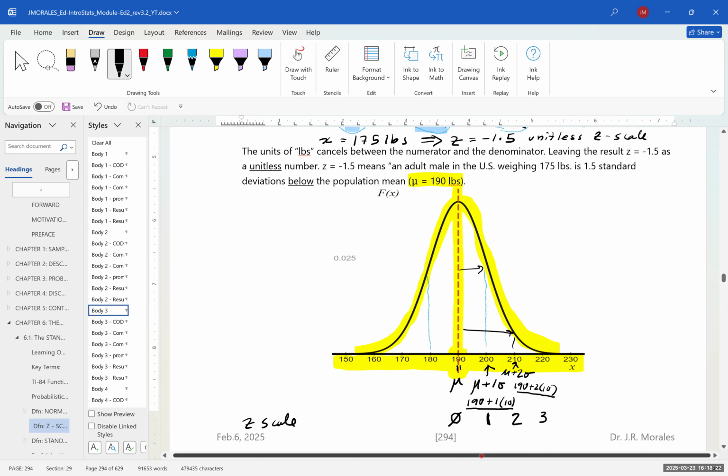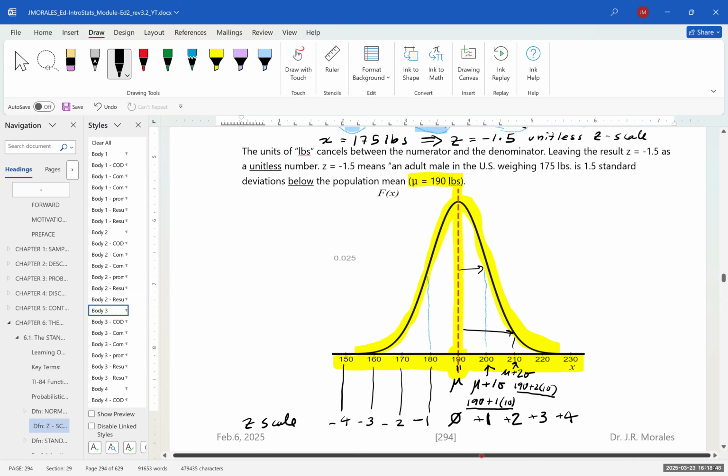And 3 standard deviations is 3, and 4, and so on. And if we go in the direction to the left, we can go 1 standard deviation below the mean, 2 standard deviations below the mean, 3 standard deviations below the mean, and 4 standard deviations below the mean.